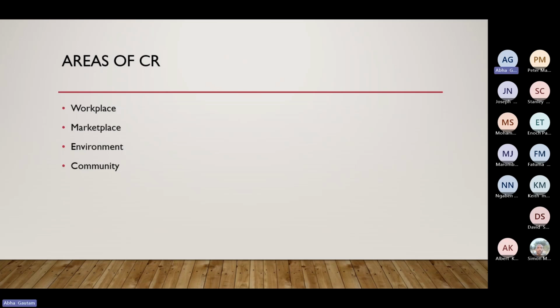Then we have community. You have to ask, can we take a decision which obviously gives us profit, but with that profit, can it contribute positively to society?